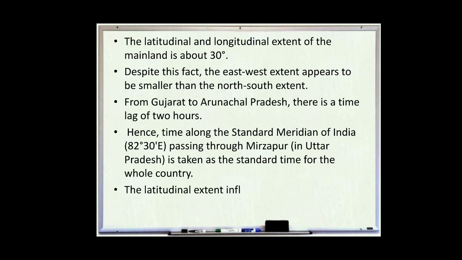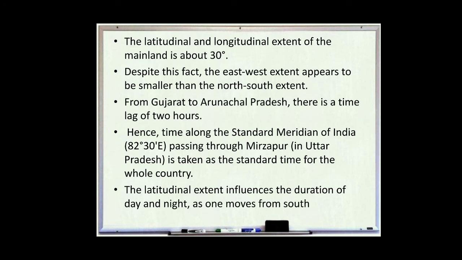The latitudinal extent influences the duration of day and night as one moves from south to north. The meaning of this is that the places close to the equator have equal day and night, and the places far away from the equator have varying days and nights. As we move towards the north, the time difference also changes because the equator gets sunlight almost straight, and when we move towards the north, the sun rays fall slanting.